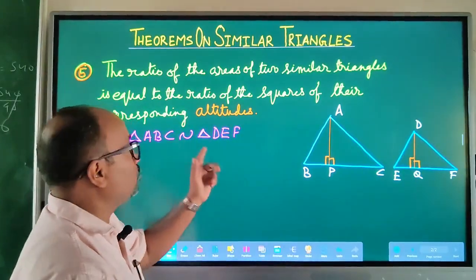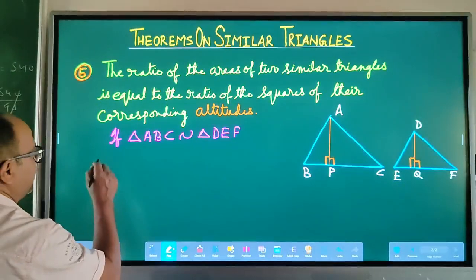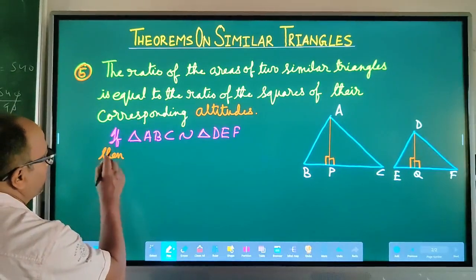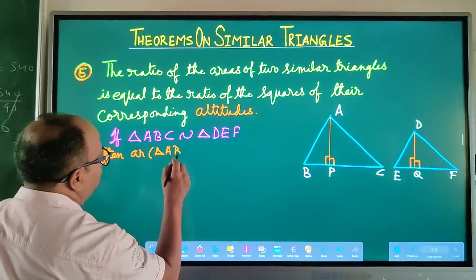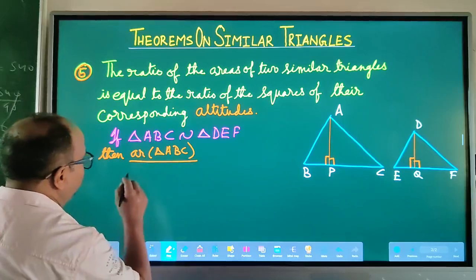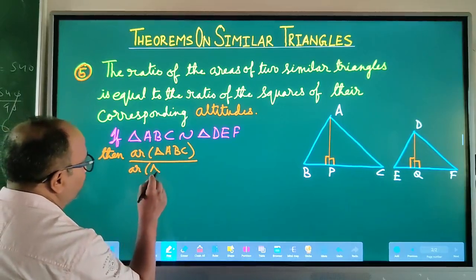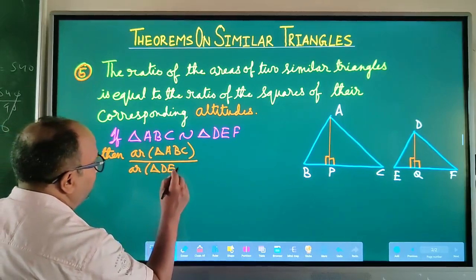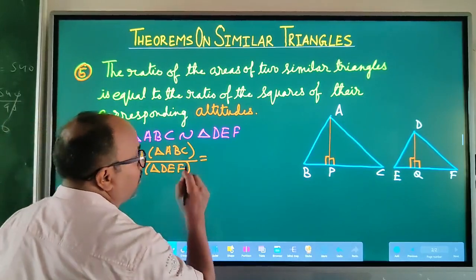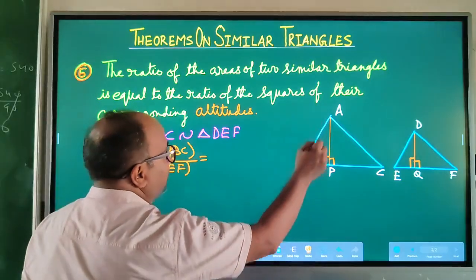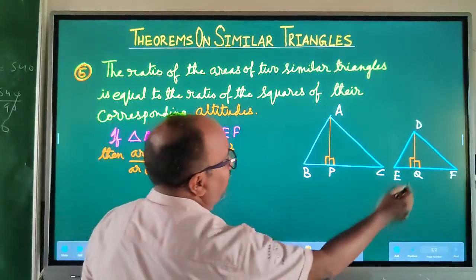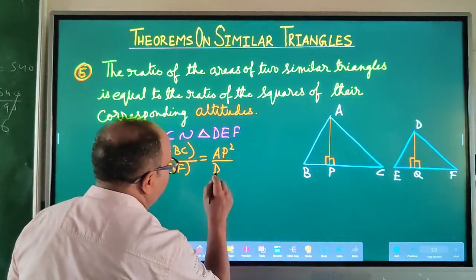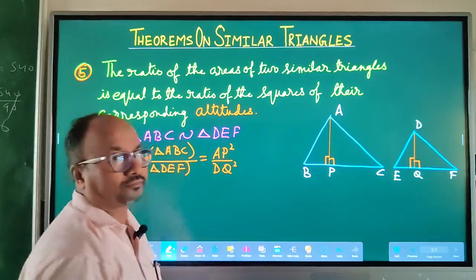So if the two triangles are similar, then I will get area of triangle ABC by area of triangle DEF equals the square of this altitude AP square by the square of this altitude DQ square.